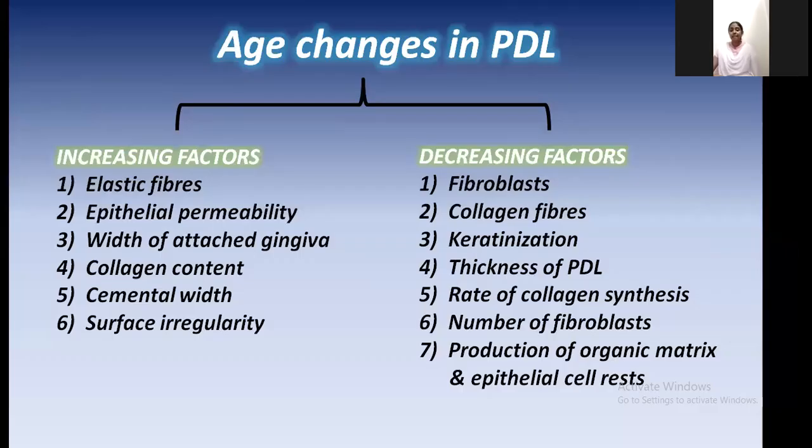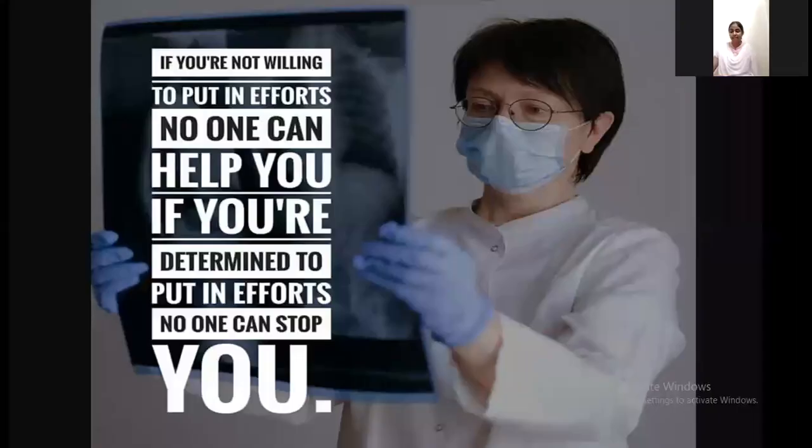As the periodontal ligament ages, the following factors decrease: fibroblasts, collagen fibers, keratinization, thickness of periodontal ligament, rate of collagen synthesis, number of fibroblasts, production of organic matrix, and epithelial cell rest.